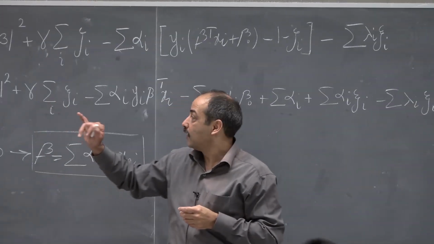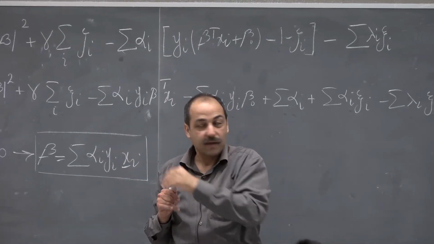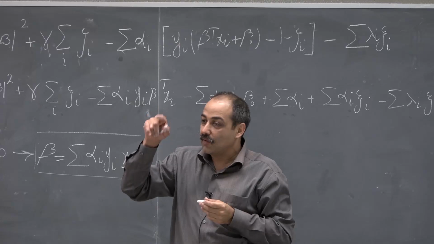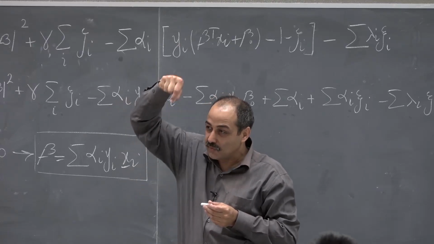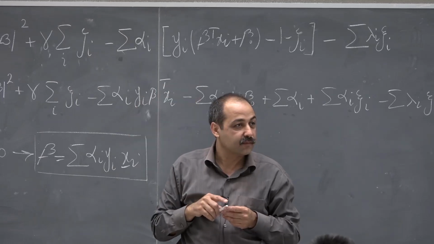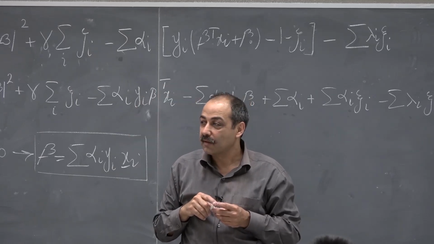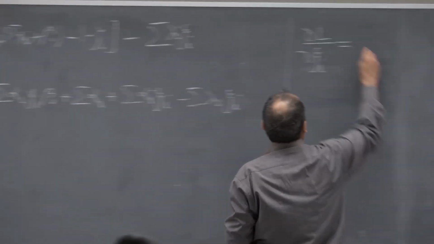This is gamma times zeta 1 plus zeta 2 plus zeta 3 plus zeta 4. It's basically gamma zeta 1 plus gamma zeta 2 plus gamma zeta 3. And you're taking derivative with respect to only one of those zeta. It's going to be gamma.